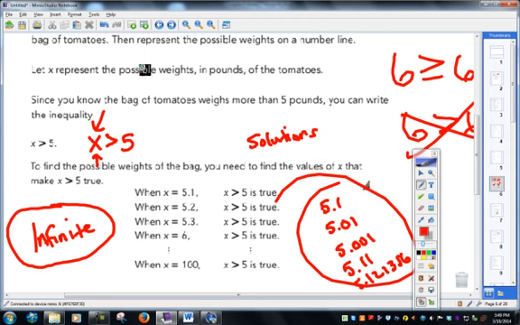And it's all because the bag of tomatoes weighs more than 5 pounds. It can't weigh exactly 5 pounds, but as long as it weighs more than 5 pounds, it's somewhere in that range. The bag of tomatoes weighs somewhere between 5 point something, whether it's 0.0001, and infinity. It can weigh billions and trillions of pounds in theory, okay?